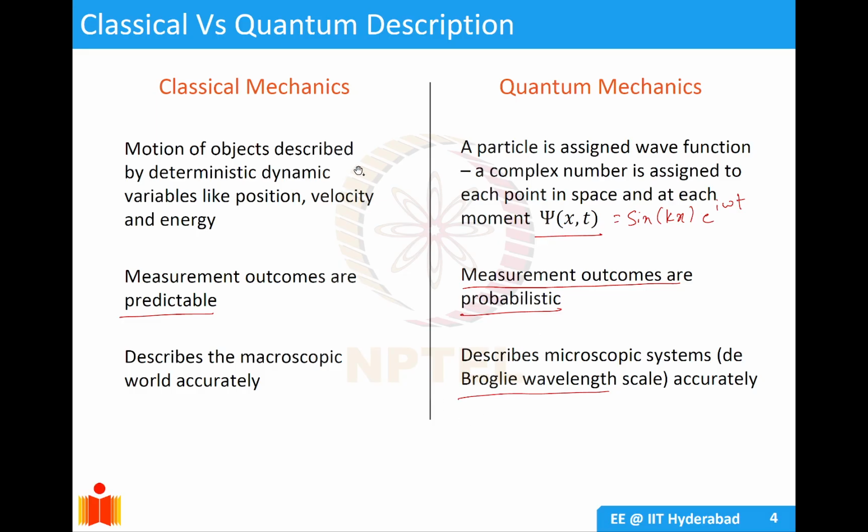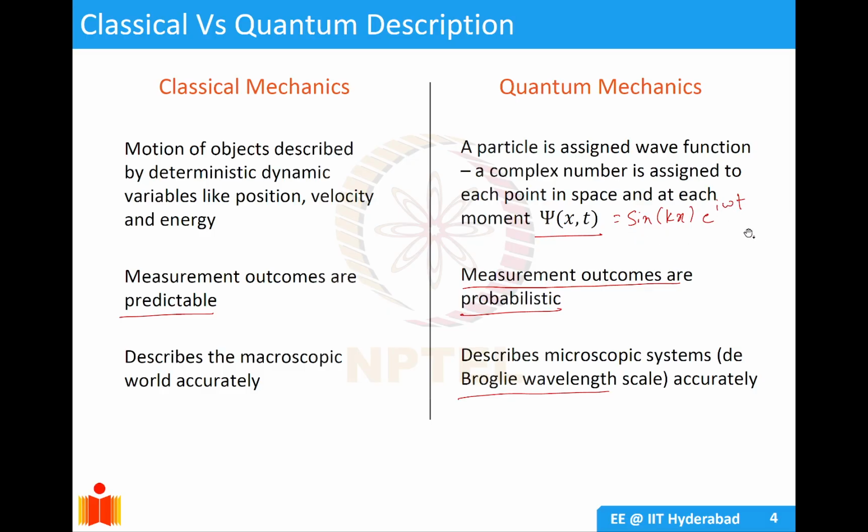Now, classical and quantum mechanical description of motion. In classical mechanics, the motion is described by deterministic variables like position, velocity, and energy. Whereas in quantum mechanics, the motion is described by a complex wave function psi of x comma t, and one example is sin of kx times e power i omega t.